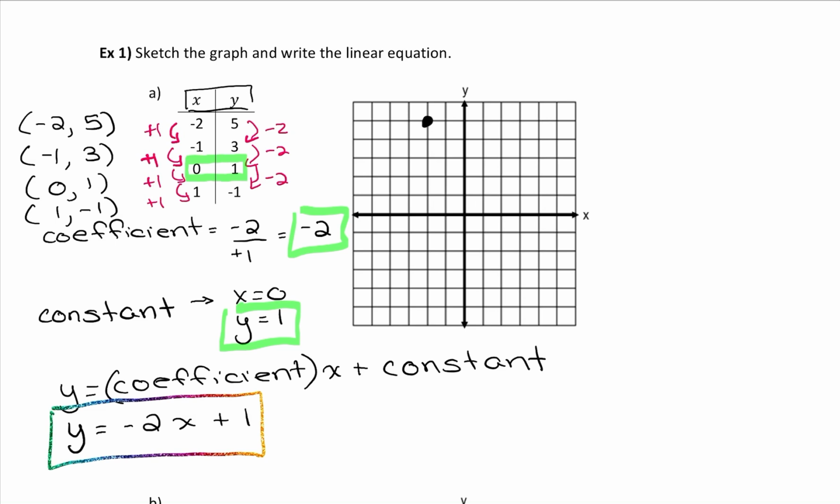So you should be going backwards 2 and up 5. That's your first point. Your next point is negative 1, 3. So that's backwards 1 and up 3. Your next point is 0, 1. So that means you're not going left or right at all, but you're going up 1. Your next point is 1, negative 1. All right, that is our graph.